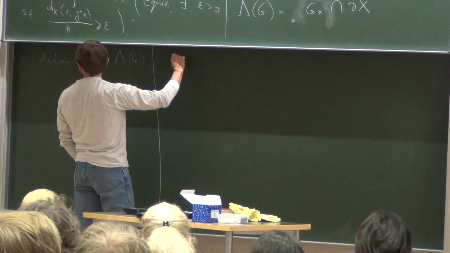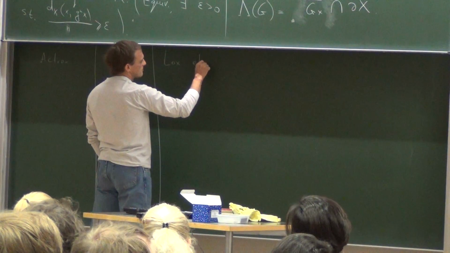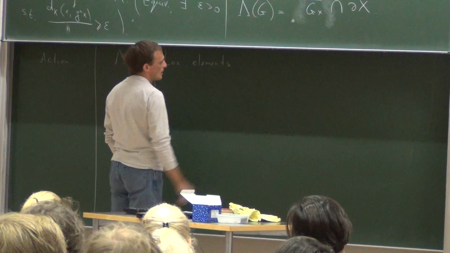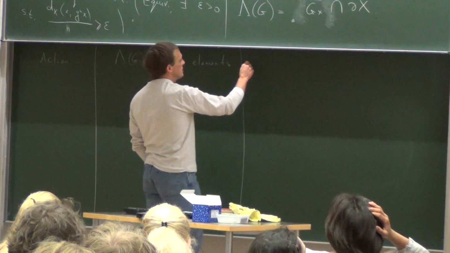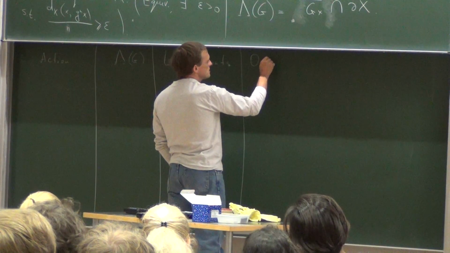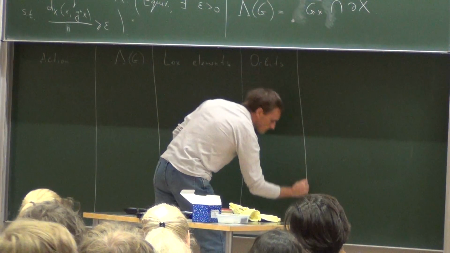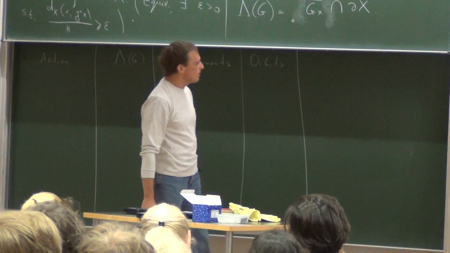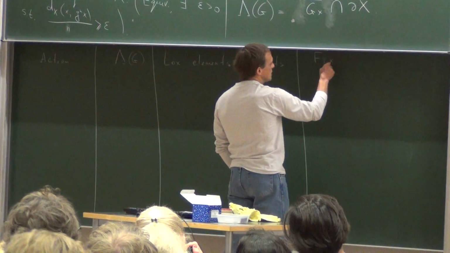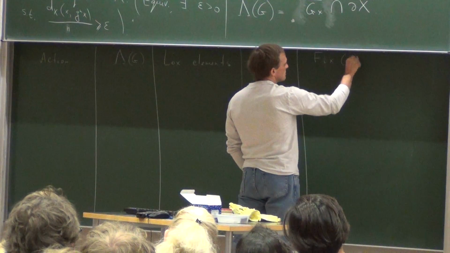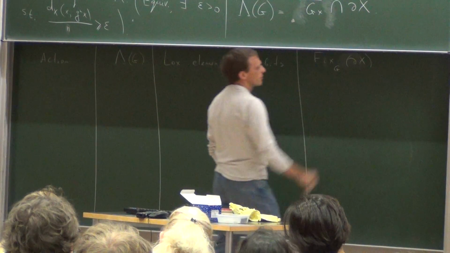Now, you can also characterize actions in terms of loxodromic elements, and some actions can be characterized in terms of orbits, whether they are bounded or not. And some actions can also be characterized in terms of the number of fixed points of the group G on the boundary.